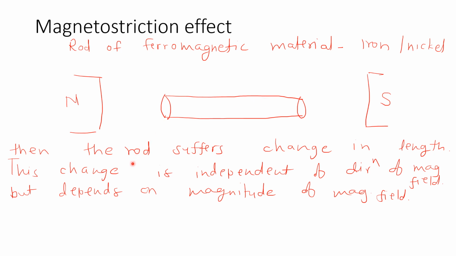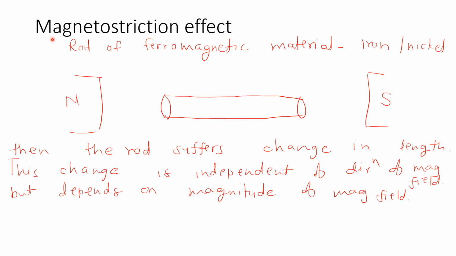This change is independent of the direction of the magnetic field, but it depends upon the magnitude of the magnetic field. This phenomenon is called the magnetostriction effect. Nickel exhibits this magnetostriction effect to a great extent as compared to other ferromagnetic materials.